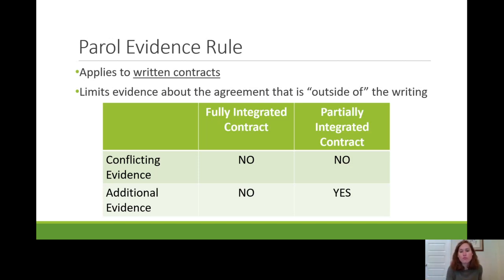No matter what kind of writing you have, the parole evidence rule says you cannot introduce evidence that conflicts with something that is in writing in the contract.